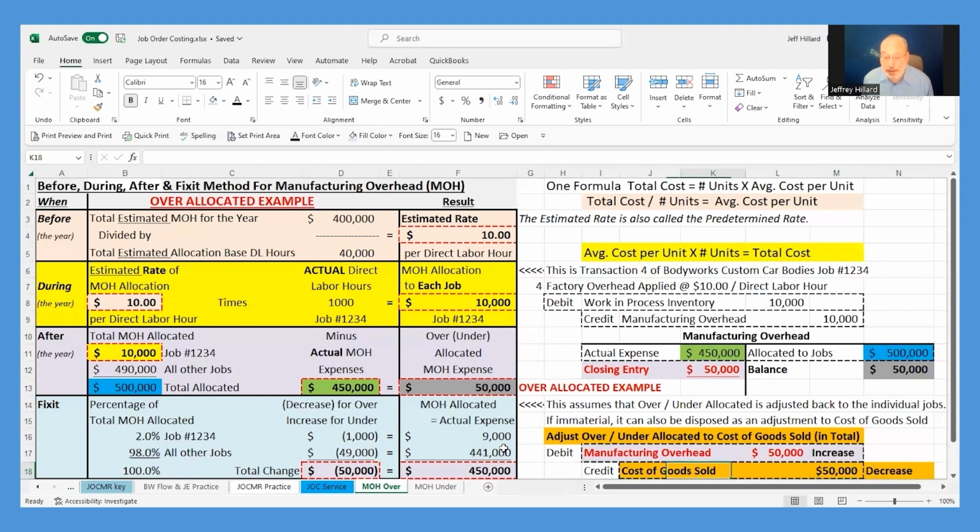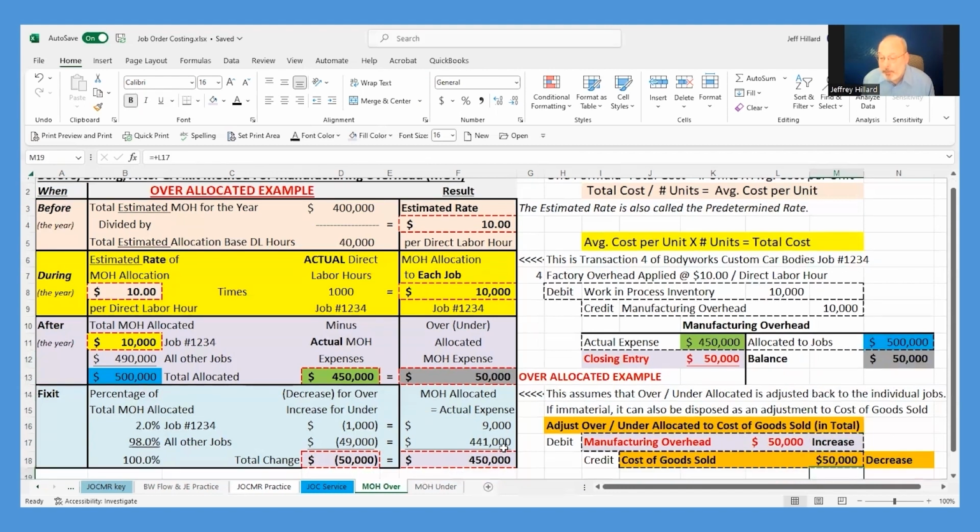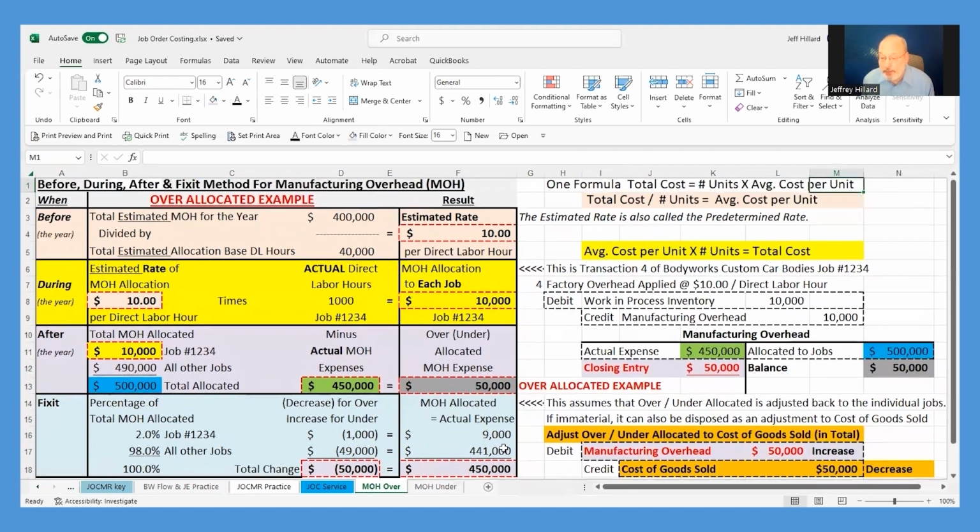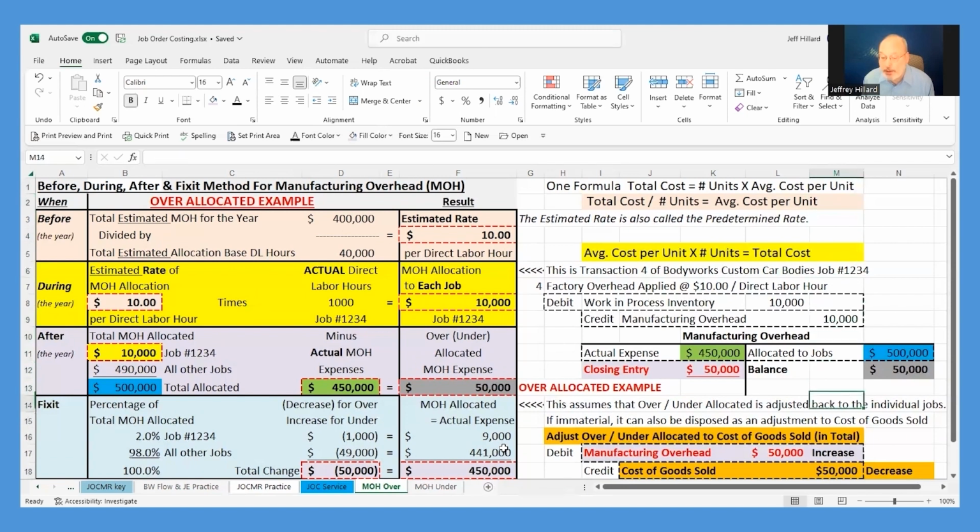In this way, we're decreasing our expense, because this would have increased it over what it should have been. So we're decreasing our expense and correcting our income statement and statement of retained earnings. And so this is an important adjustment and closing entry before you close the books.